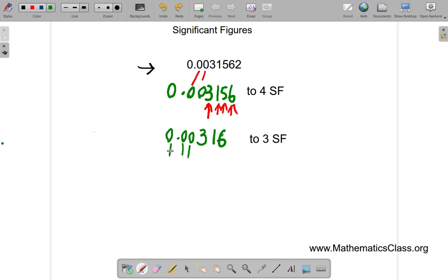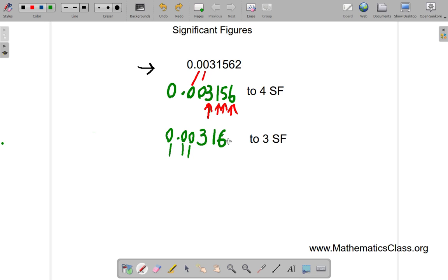This one, it's for safety, to ensure that you know that there's a decimal point here, in case the point is not big enough for somebody else to see. Alright, so this is the number to 3 significant figures.